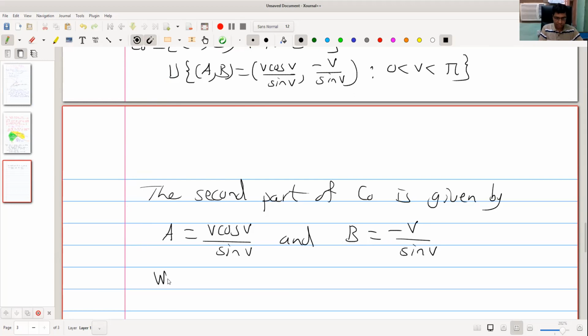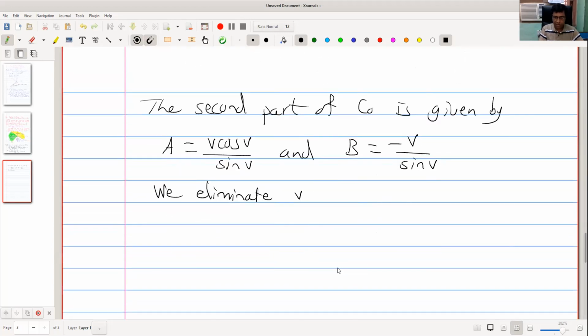We eliminate V from these relations. So we have B square minus A square equal to, okay, B square minus A square.